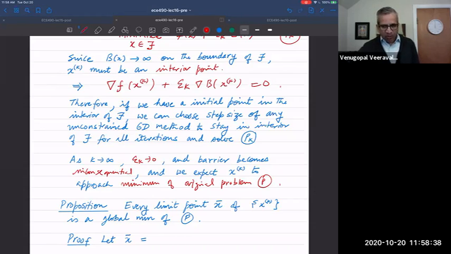So what we can actually show, and that's the theoretical result, is that every limit point of this sequence xk is actually a global minimum for the original problem.